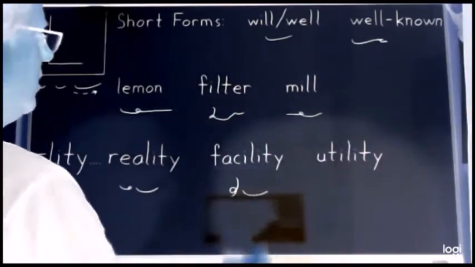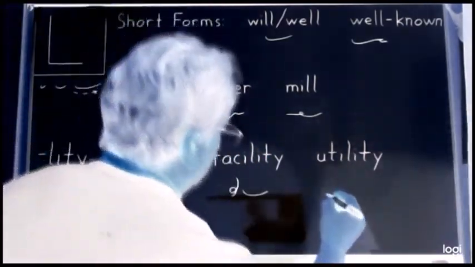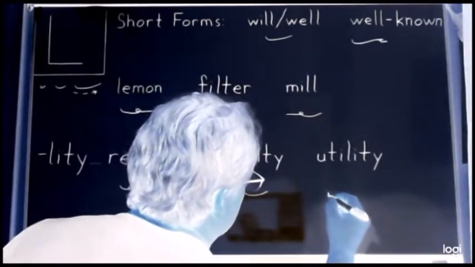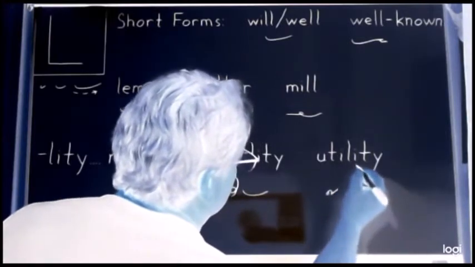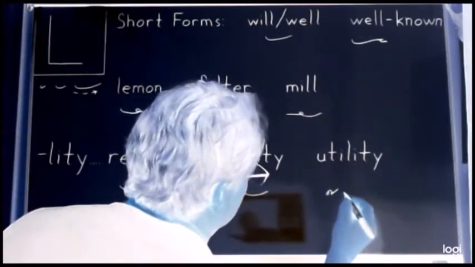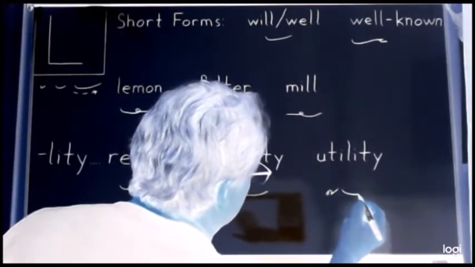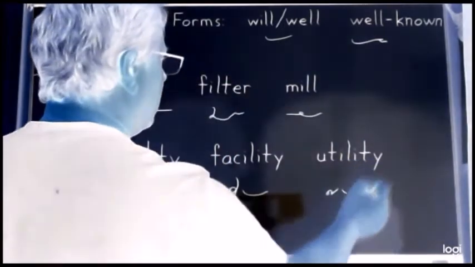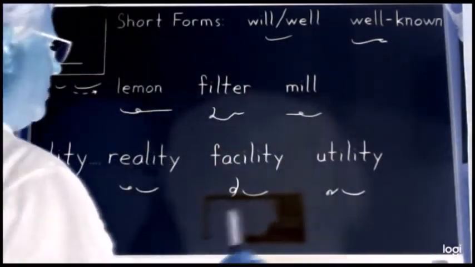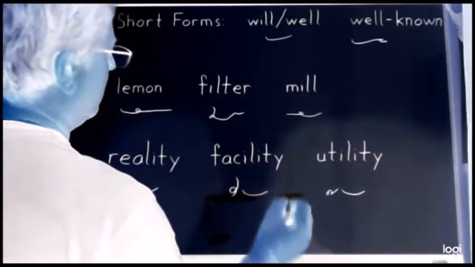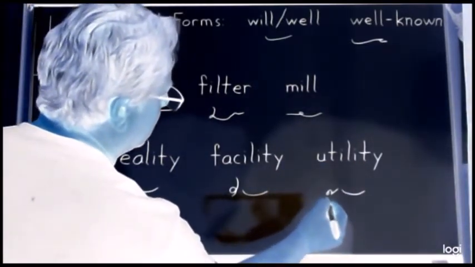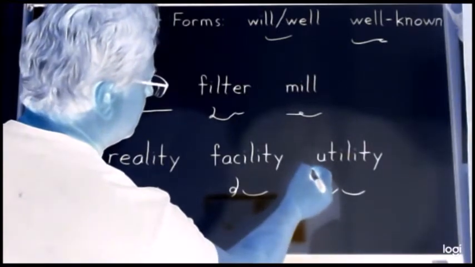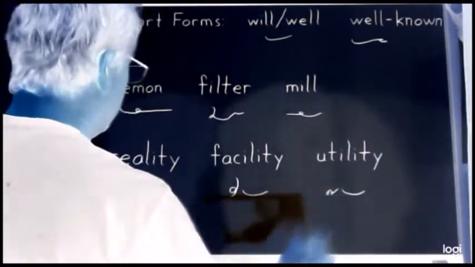For utility, we'll write an E, U, T. The I is understood, and then the disjoined L for lity. Now, in a subsequent lesson, we will discuss the U sound and why we use the E for the Y sound and U for utility.